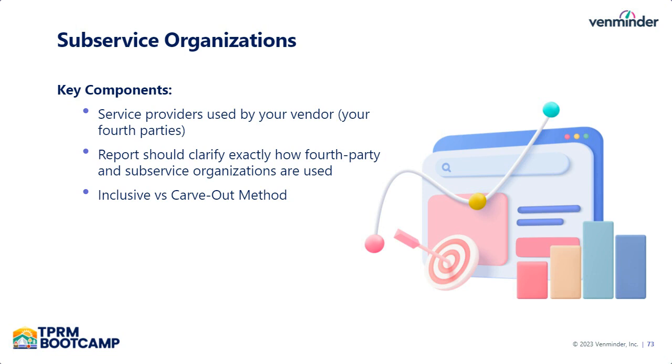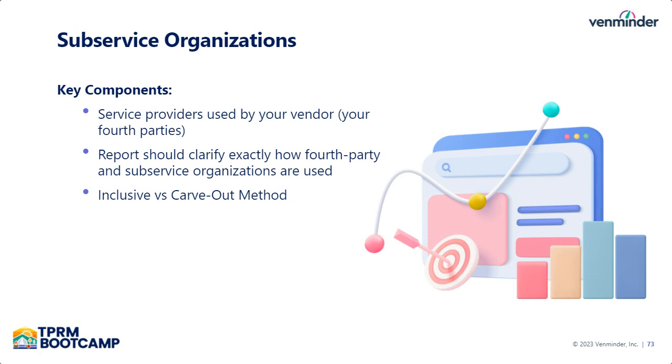In the majority of reports that we see, subservice organizations are carved out, meaning that their controls are not included. And really, we could talk about subservice organizations in a webinar by itself. But the biggest thing is understanding who they are, how they're used, and how they're represented in the report.